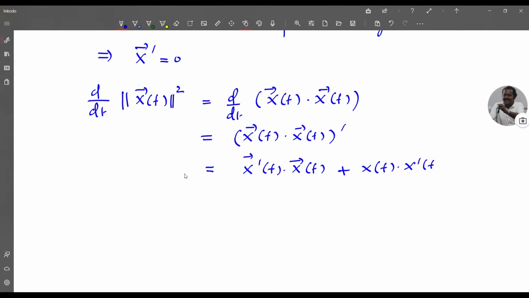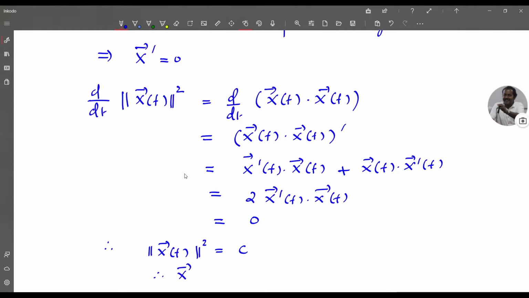This is the covariant derivative. So this is 2 times the covariant derivative of X(t) dot X(t). So this is equal to 0 since the covariant derivative of X is 0. Therefore, the norm of X(t) squared is a constant. Therefore, X has a constant length.